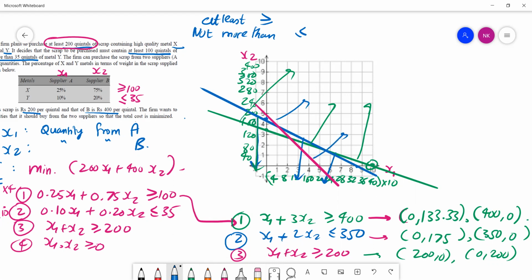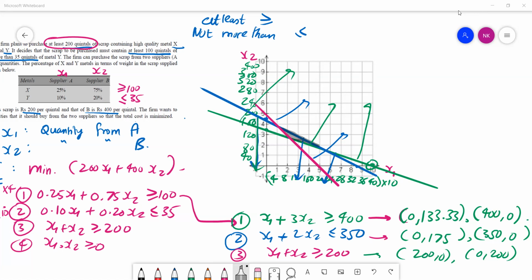So that means this small portion will be our main focus. I'm just highlighting it. The intersecting portion, this small highlighted portion will be our main focus.